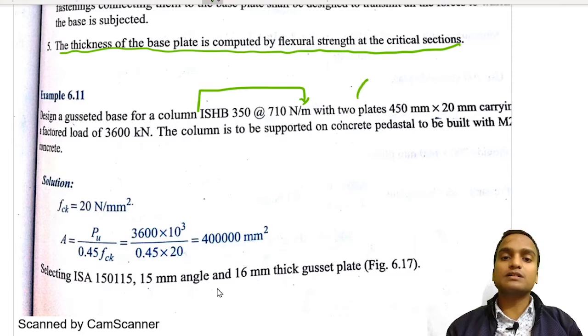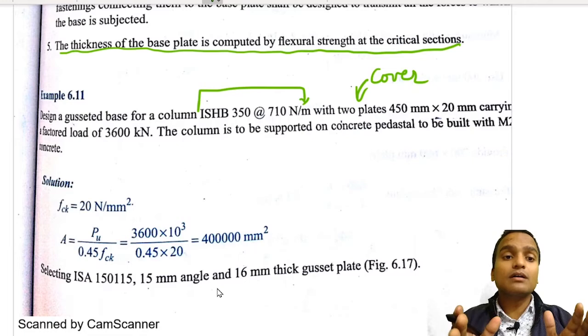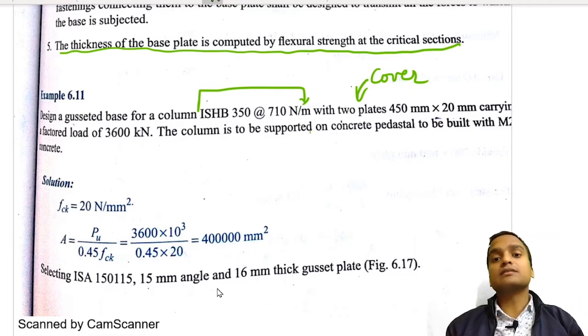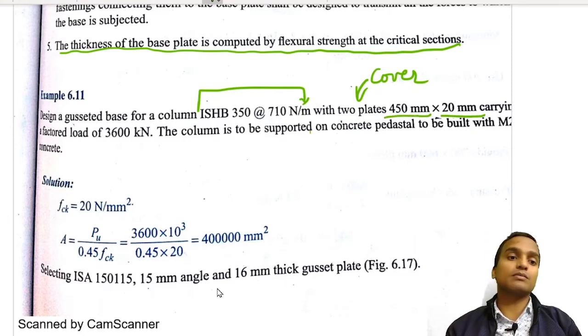Now these 2 plates are the cover plates here, which are attached with the I section ISHB 350, and these cover plates have width equal to 450 mm and thickness equal to 20 mm, carrying a factored load of 3600 kilonewton. This is the value of PU here.